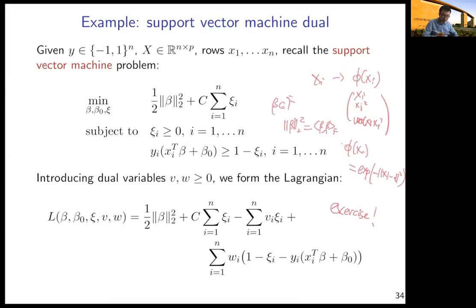Often we want this function space to be a Hilbert space so that there's an inner product defined, and we can do this kind of calculation. So in that case, we are kernelizing the support vector machine into a kernel SVM. And this kernel means reproducing kernel Hilbert space, so RKHS.